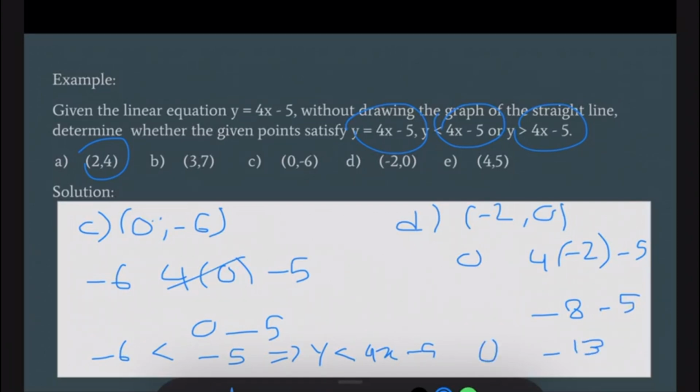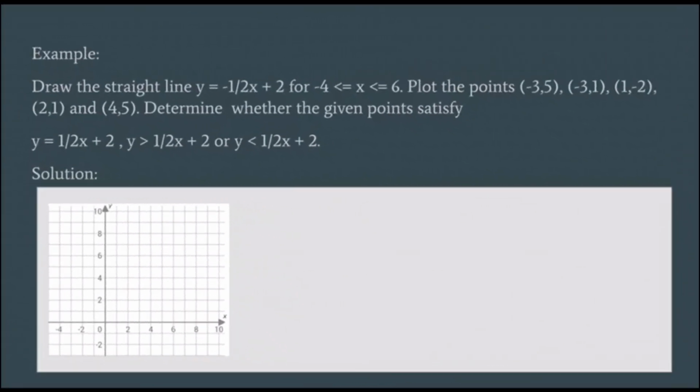So 0 is bigger than negative 13. So for D, it satisfies the inequality y is bigger than 4x minus 5. For this type of question, we need to draw a straight line and then plot the points and determine whether the given point is satisfied.